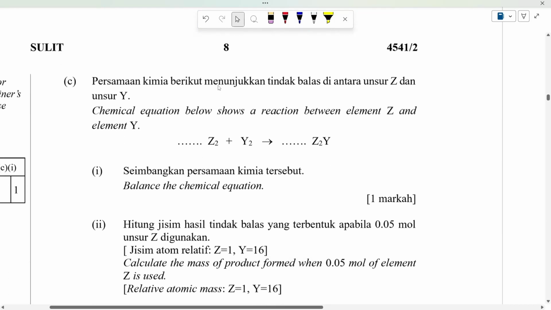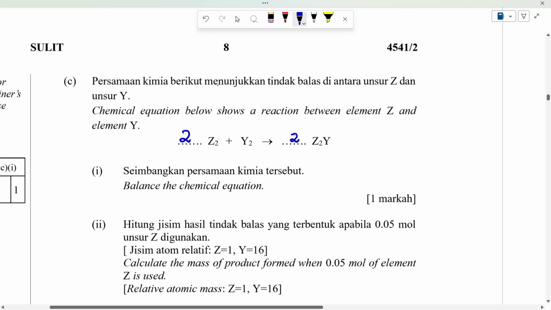Next. The chemical equation shows a reaction between the element Z and Y. First, balance the chemical equation. How to balance it? This one times 2. How about this, 1 or 2? Should be 2.